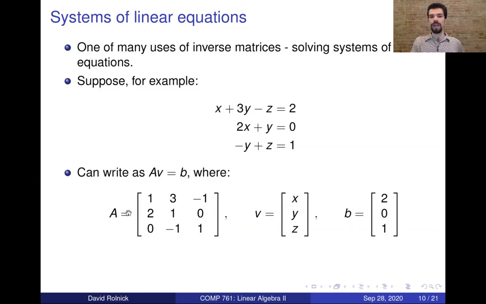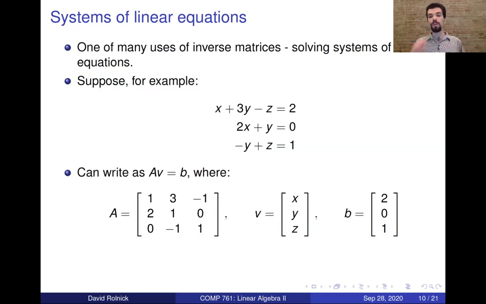You can see that A times V is exactly the left-hand sides of all of these equations, and B is just the right-hand side. So as a vector equation, A times V equals B is just the same as this entire system of linear equations. So if this system of linear equations has a solution, then it corresponds to any solution to this vector equation.